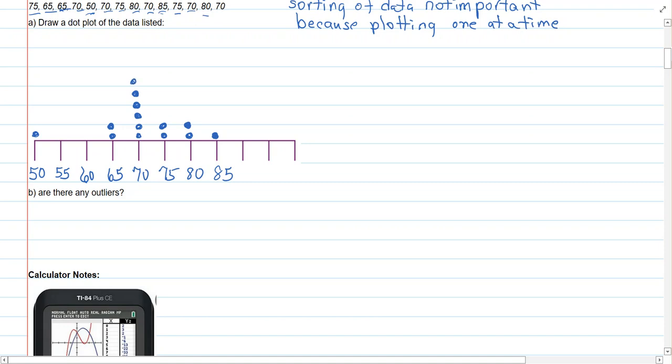All right. So we can see that we've got a possible outlier.